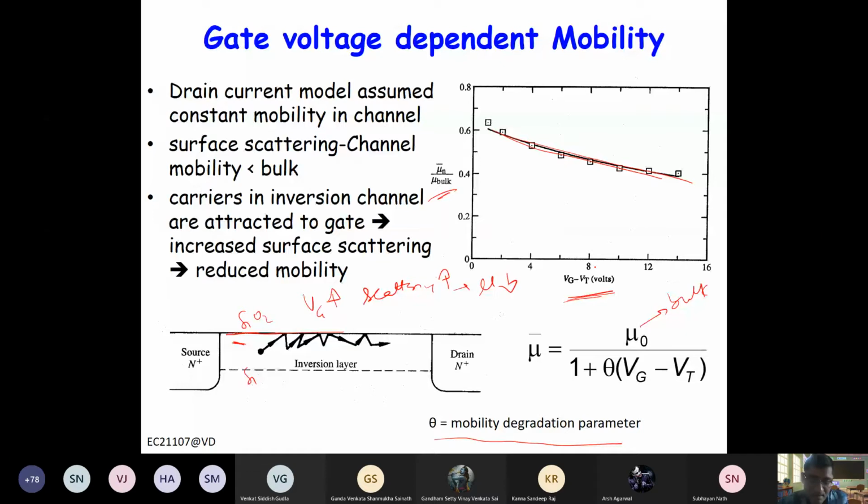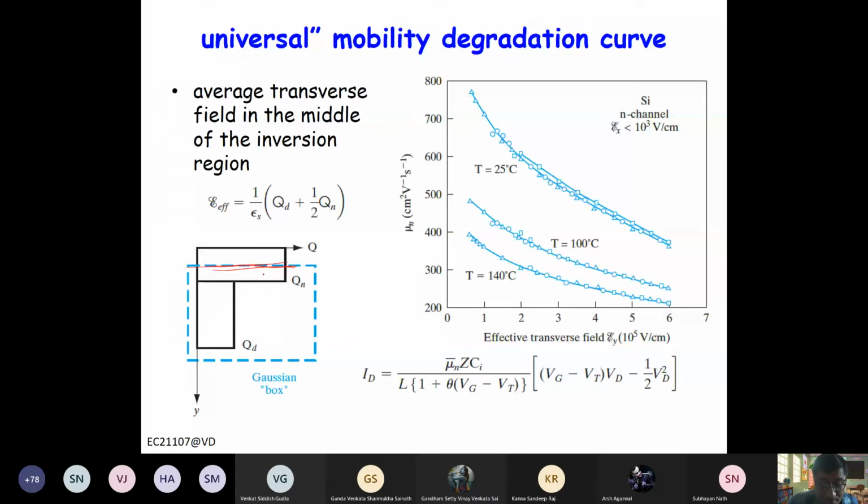For example, if you calculate this effective field in the middle of the inversion region, so QD plus QN by 2, whatever that is, is E effective. And this is your field, and you plot mobility versus this field. It is basically independent of other parameters except temperature. So this is called the universal mobility degradation curve.